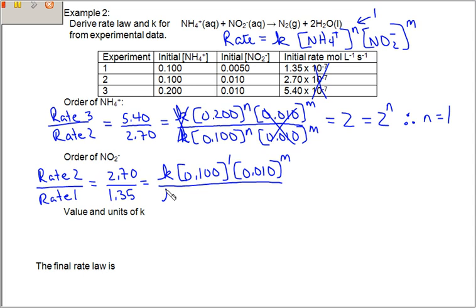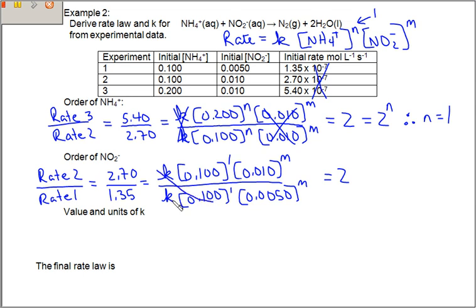Remember, K stays the same, so it's the same K. 0.100 to the first, and this is 0.0050 to the M power. 2.7 divided by 1.35 is 2.